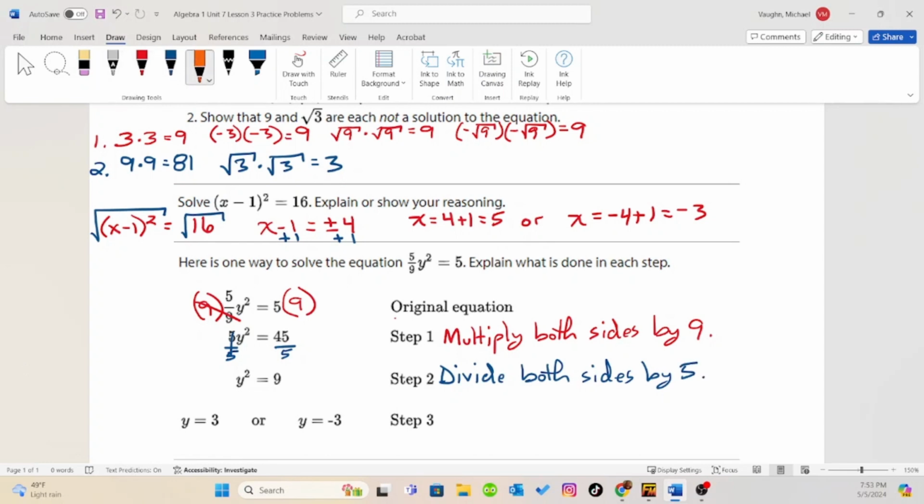And finally, to go from step 2 to step 3, they have taken the square root of both sides. The square root of y squared is y, and the square root of 9 is both positive 3 and negative 3.